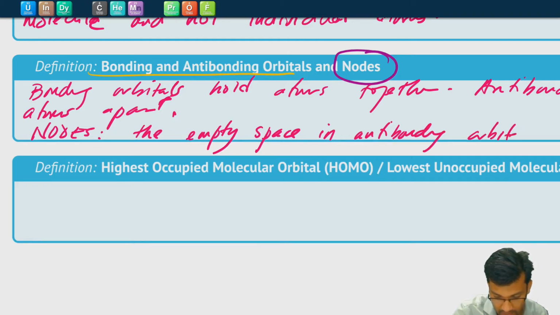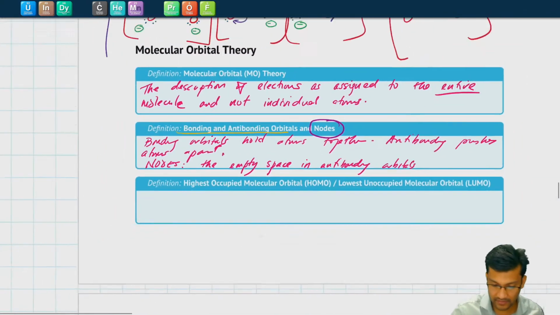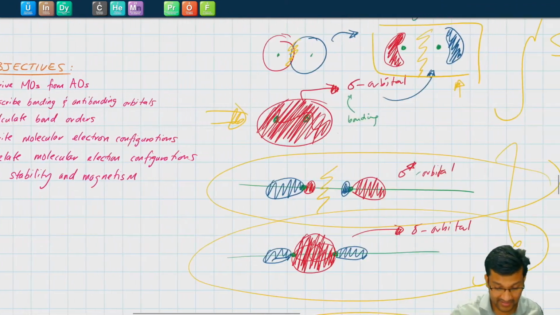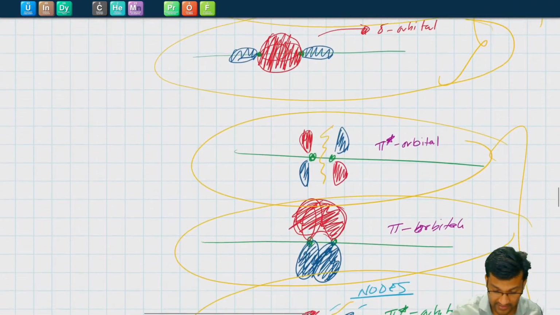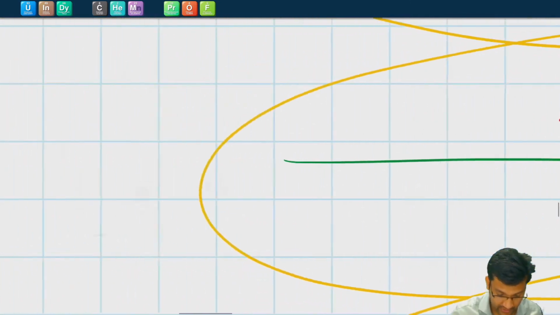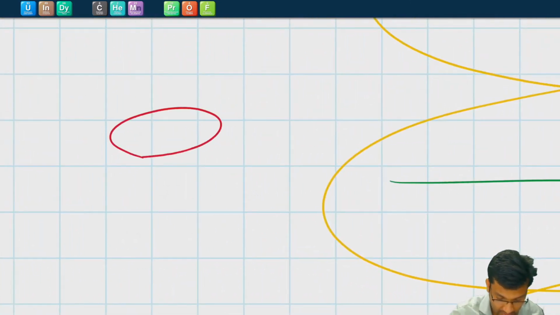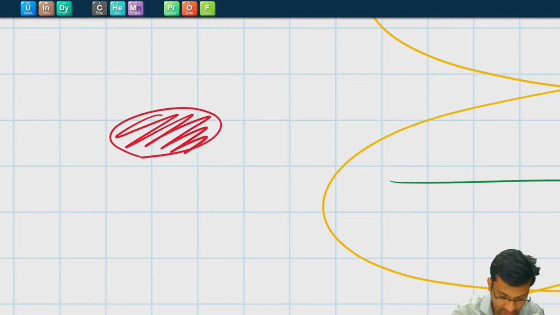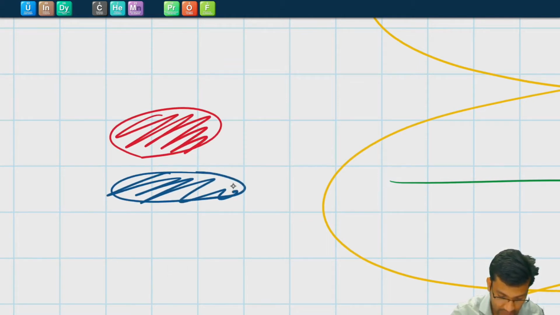orbitals. Actually, other orbitals other than antibonding orbitals can also have nodes. For example, let's look at this situation right here. If I can draw it cleaner, we had an orbital like this, an orbital like this, with a nucleus in the middle. There's actually a node here too.